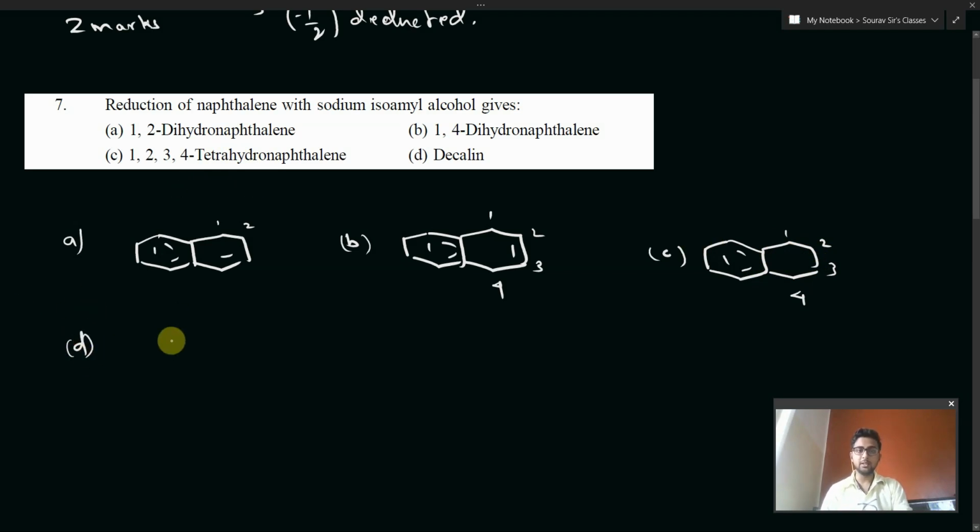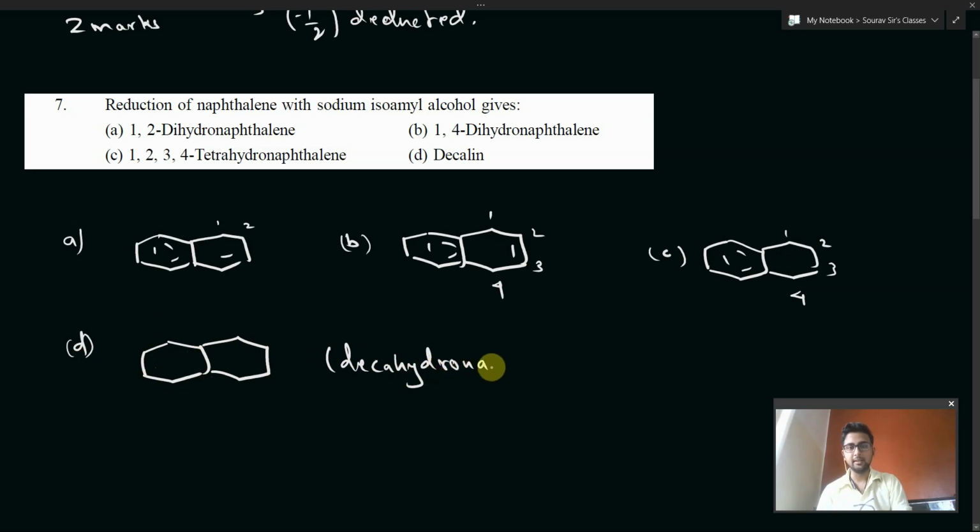Then we have the last option, decalin, which is basically decahydronaphthalene. You can see that when all the double bonds of naphthalene are reduced, we form decalin.